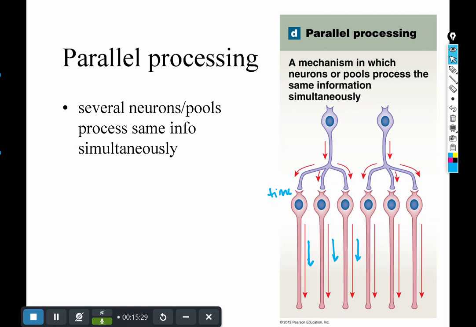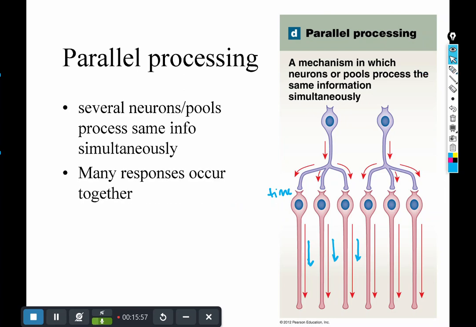And so in order to distribute it and also make sure that it's adequately processed by all of the pieces of the pool that need to process it, several neurons or even several pools of neurons are going to just process that same information simultaneously, resulting in action potentials that originate on different neurons, but at the same time, and all travel down their respective axons in parallel.